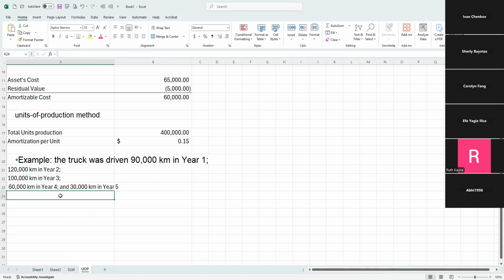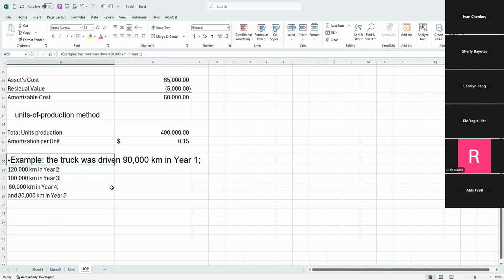Question is, can you calculate now the amortization per year? You should be able to, right?